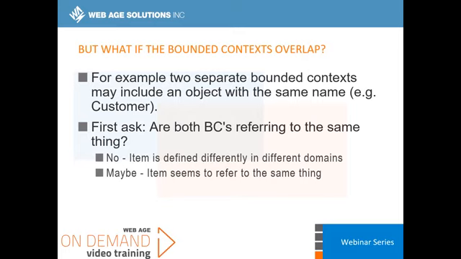I may extract that object and have some sort of shared object. There's a number of different ways that I can address this, but the fact of the matter is it's certainly more complicated than the no answer.